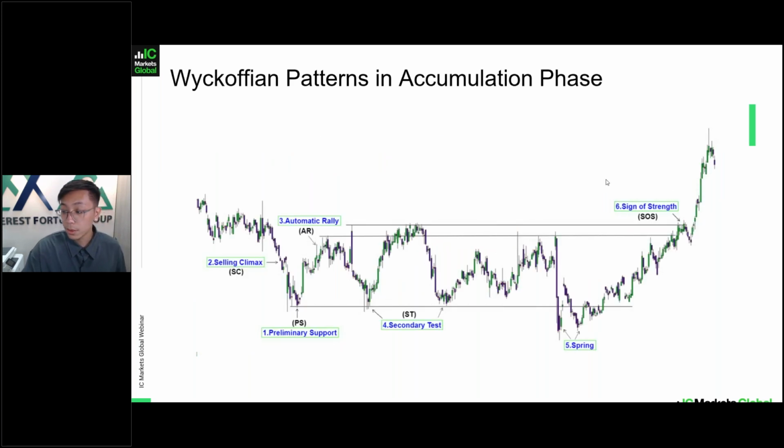Okay, so lastly, for sign of strength, it takes place after the spring, indicating a bullish sentiment in the market. So basically, sign of strength is like a mini pullback or minor consolidation at the resistance level right here of the accumulation range. So let's say we have your whole accumulation range right here.